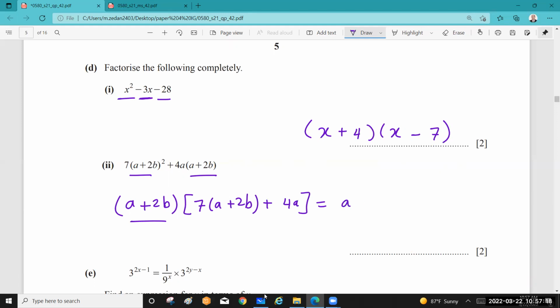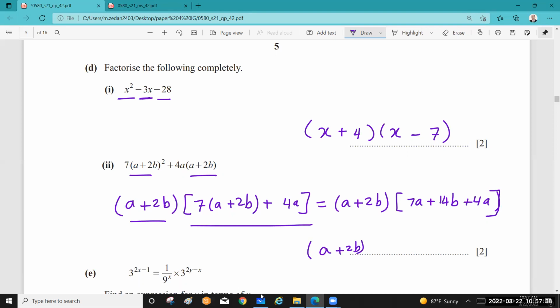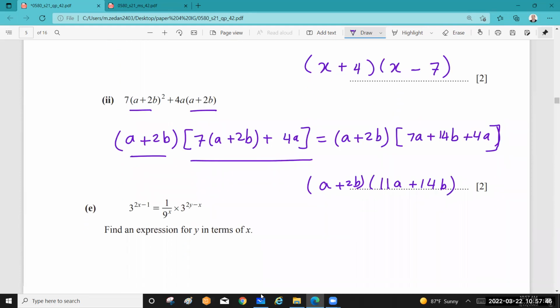So the answer is a plus 2b, the first binomial, and the other one you go inside this expression and simplify: 7a plus 7 times 2, 14b, plus 4a. Simply, you can write a plus 2b, the first binomial, times the other binomial: 7 plus 4 is 11a plus 14b, and this is the simplest form of this factorization.